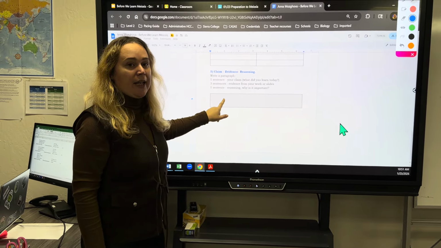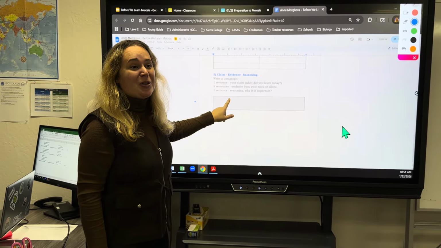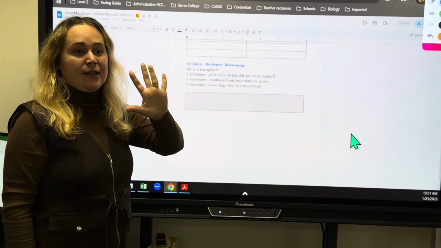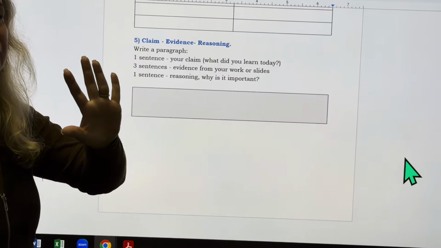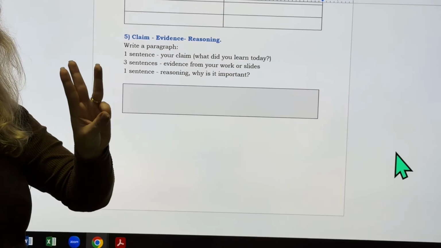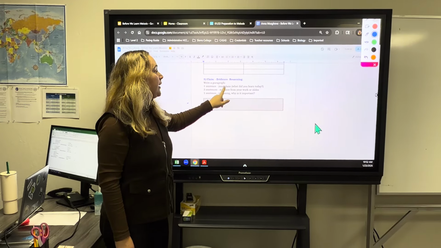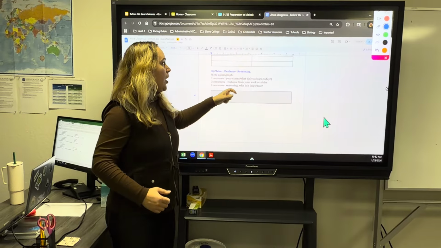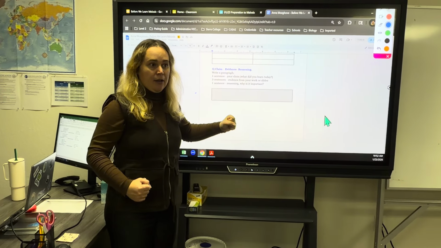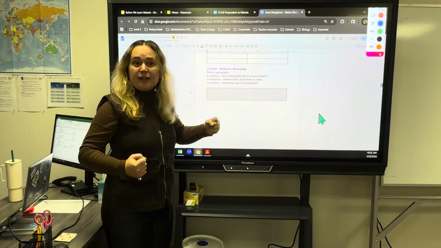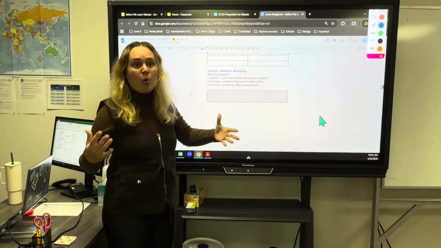Over there in the gray area, you will need to type a paragraph with minimum 5 sentences. Abdul, for you, 3 sentences. And sentence number 1 is your claim, your statement. What did you learn today? Maybe you learned something about DNA. You can say DNA is located in the nucleus or so on.